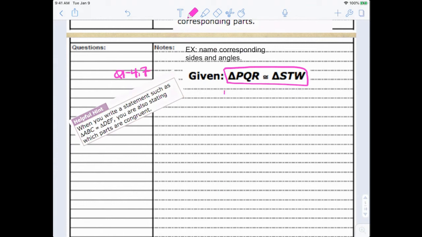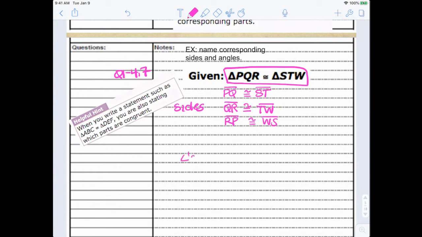So I'm going to say PQ is congruent to, the first 2 is congruent to the first 2. The second 2 letters, QR, are congruent to the second 2 letters in the second image. The first and last, or last and first, is congruent to the last and first in the second image. So this gives me the sides.